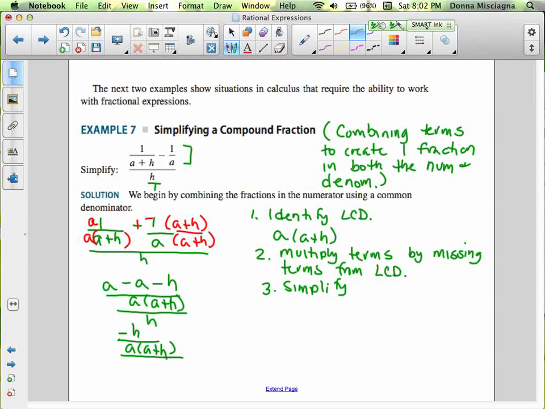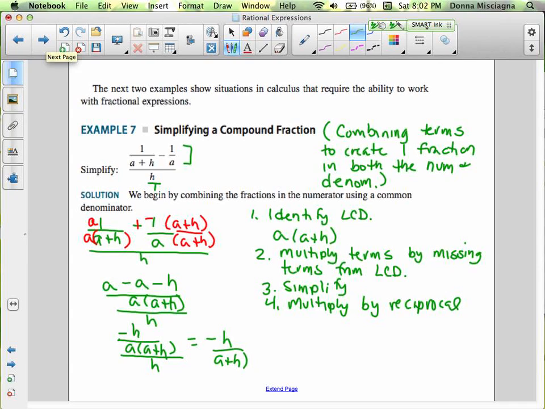And now we're going to change that to multiply by the reciprocal. So that would be negative h divided by a times a plus h, that was the numerator.